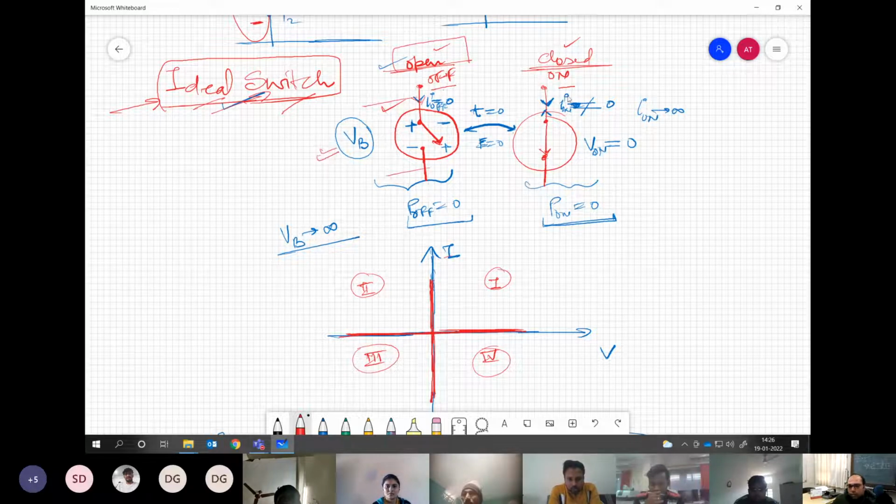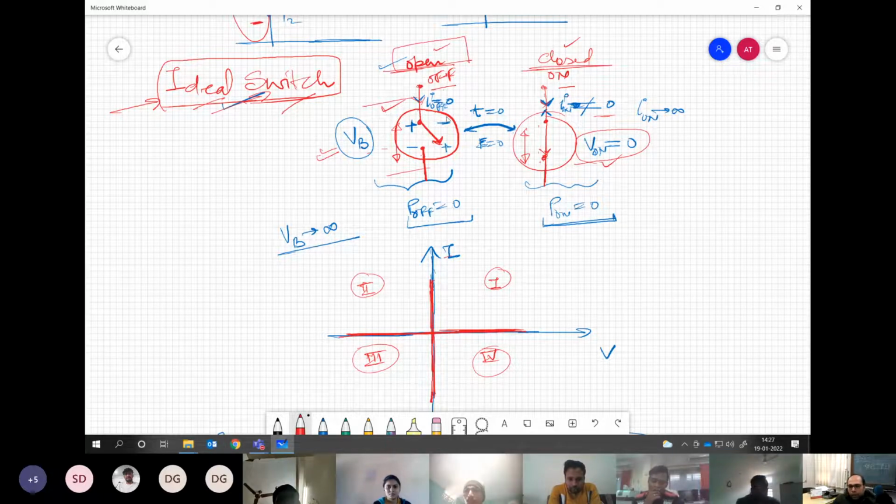And in the on state, we have any amount of current flowing through the switch, but the voltage drop across the switch is 0. And when I say voltage blocking and current flowing capability, I am saying that it is bidirectional, which means any polarity of voltage can be blocked and any direction of current can be passed through this switch. This is the ideal switch.